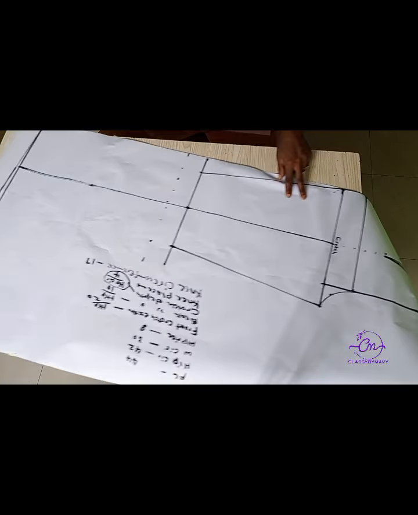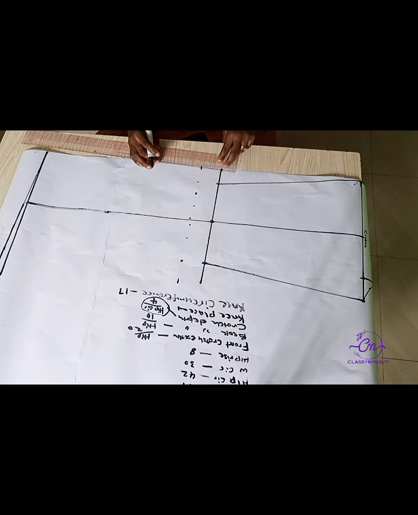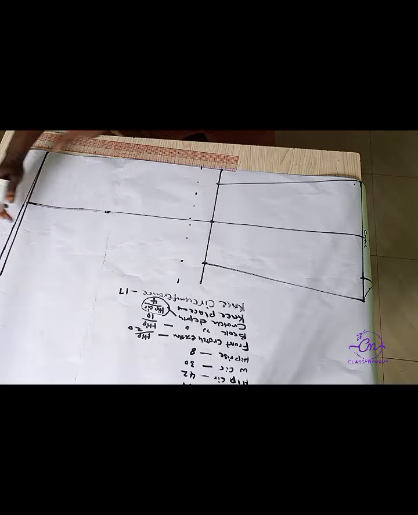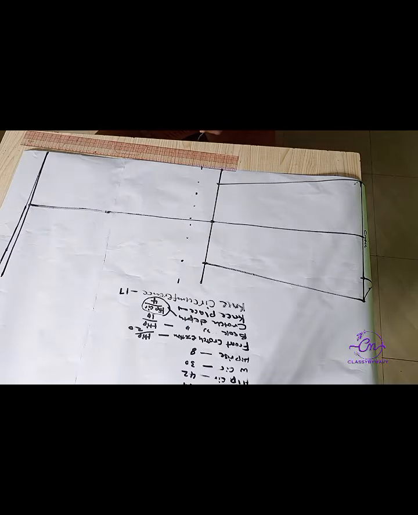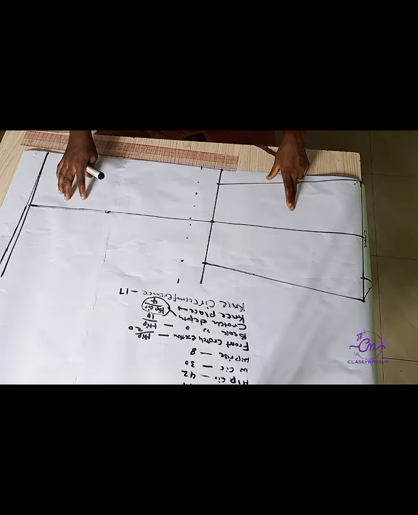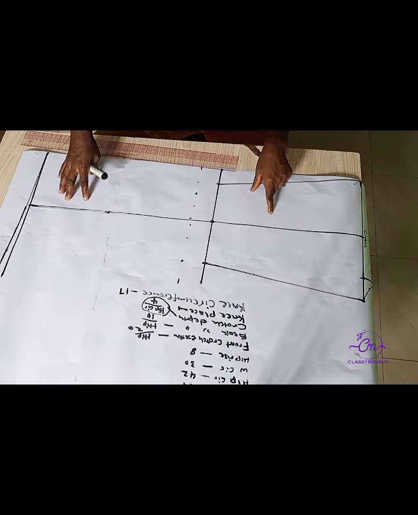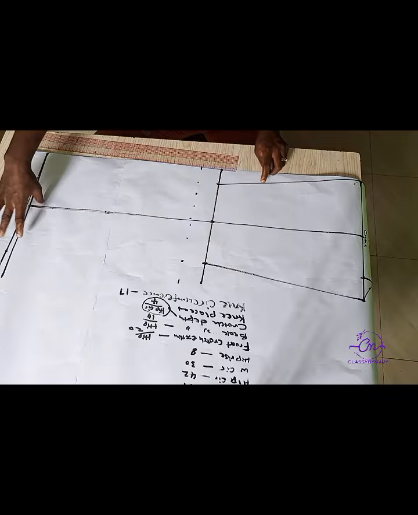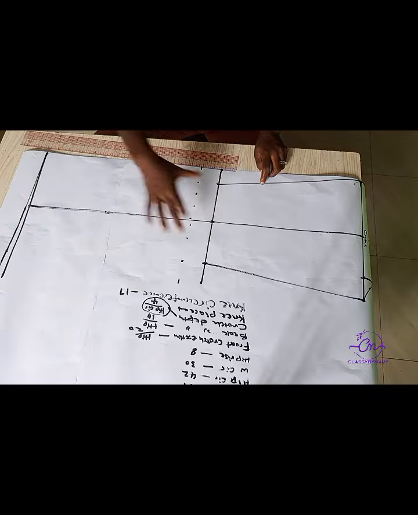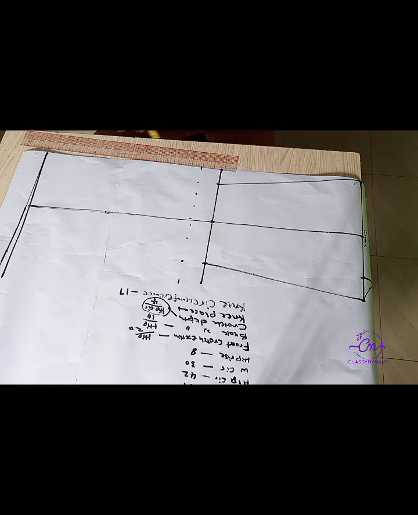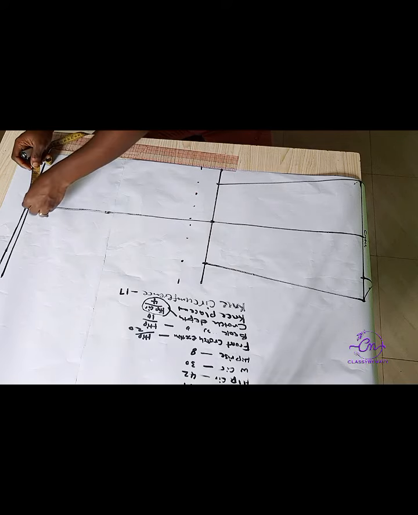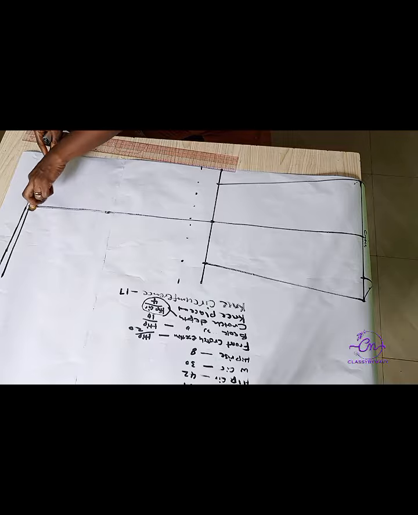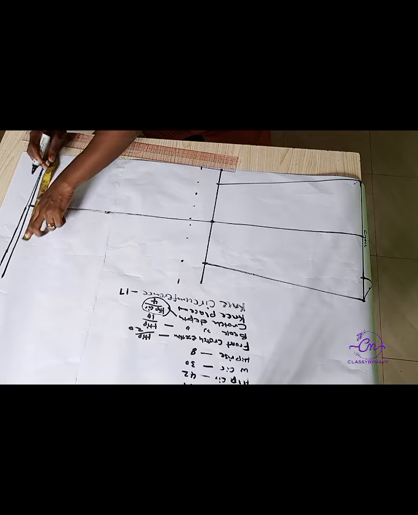Can you see? Now we'll also take this exact measurement down, because this is not a pencil trouser. It is also not a palazzo trouser, okay? It is a basic trouser. For a basic trouser, your hem carries the same measurement with your knee, okay? So we'll be measuring 4 1/4 on one side and 4 1/4 on the other side, okay?